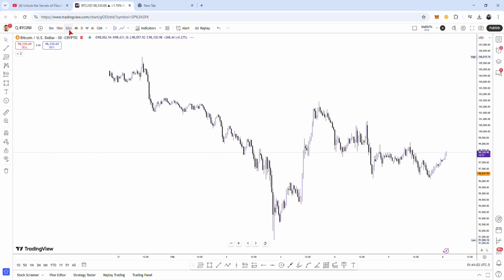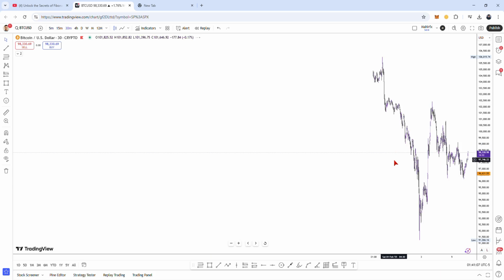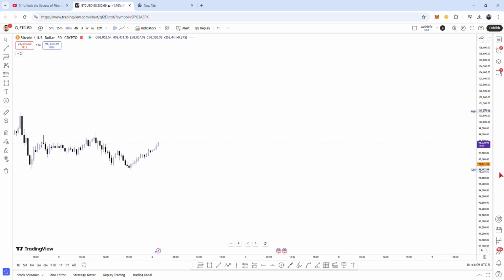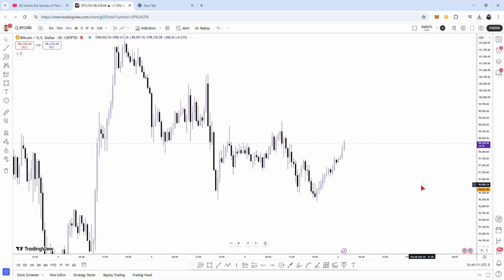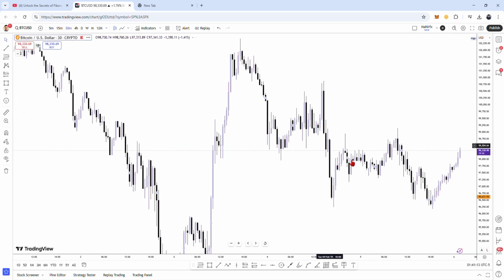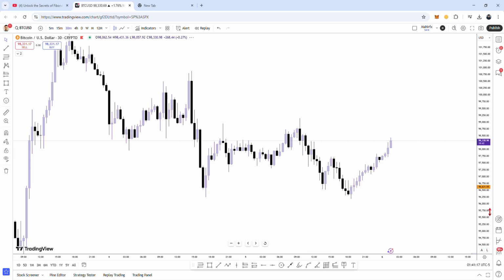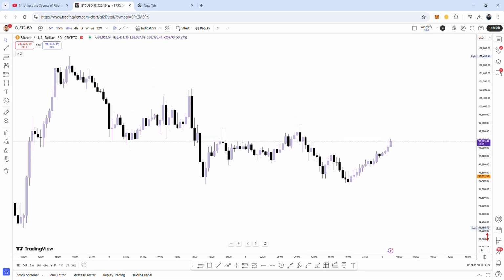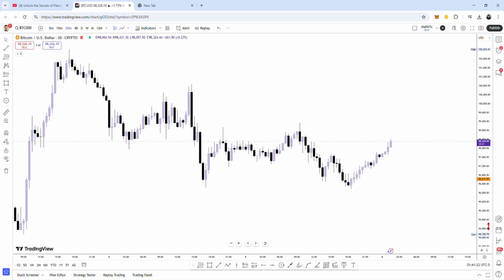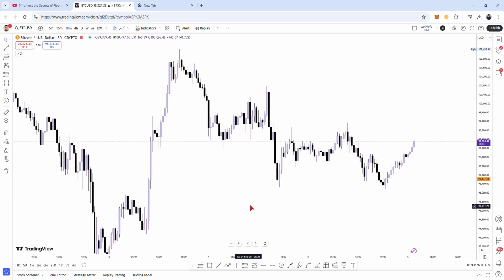I'm going to analyze how this is working. As you can see, this is a 30 minutes time frame of Bitcoin, BTCUSD. So in this video, I'm going to test this graph using the method of Fibonacci theory, Fibonacci retracement.